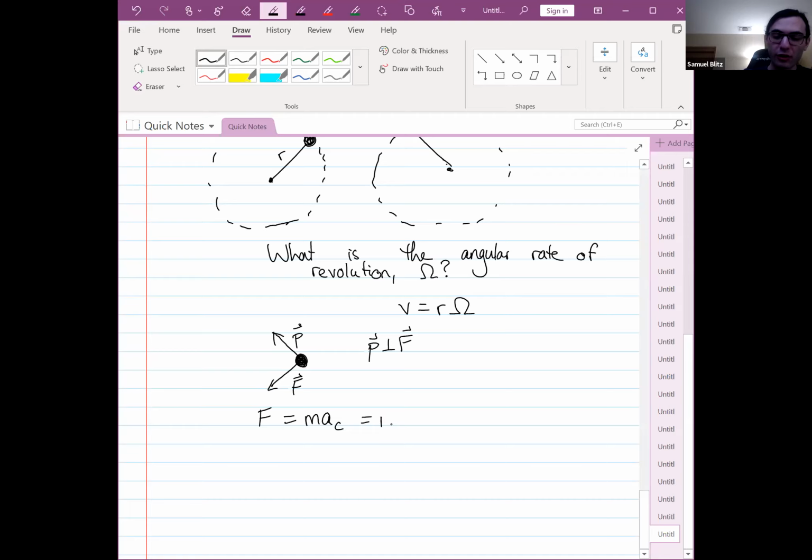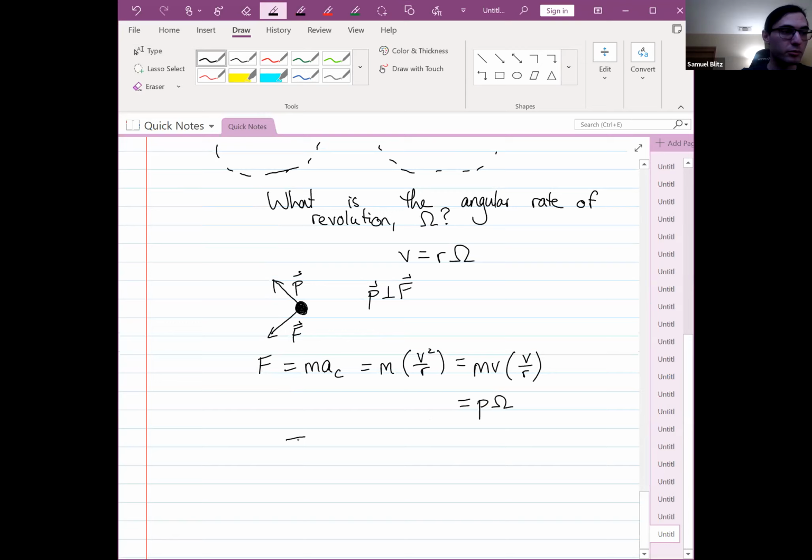We know a formula for the centripetal acceleration. It's v squared over r. So we can write this as mv times v over r. But mv is the momentum, and v over r is omega from this equation here. That's just the definition of omega, which tells us that the angular rate of revolution is just the force divided by the momentum, which is a really nice and clean answer.